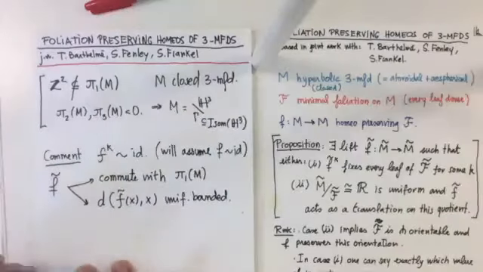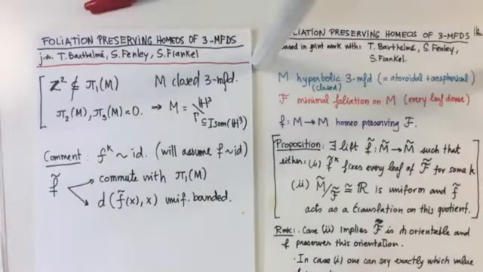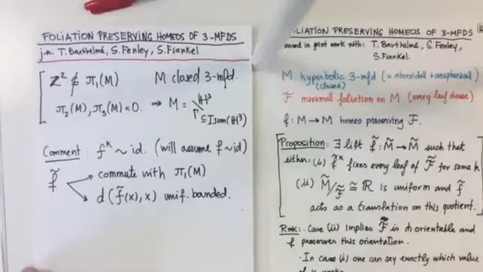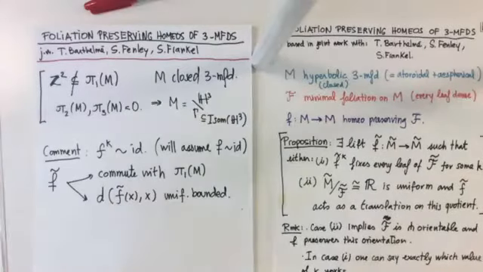Such a lift can be obtained just by considering the lift of the homotopy to the identity, and it will have these two properties. And so in the first part of the talk, I will try to explain a proof of this theorem.